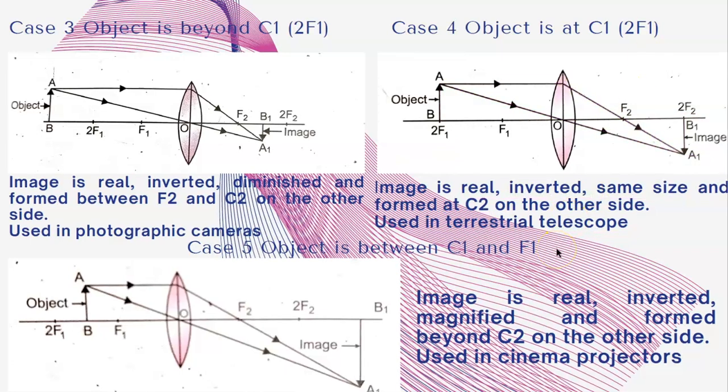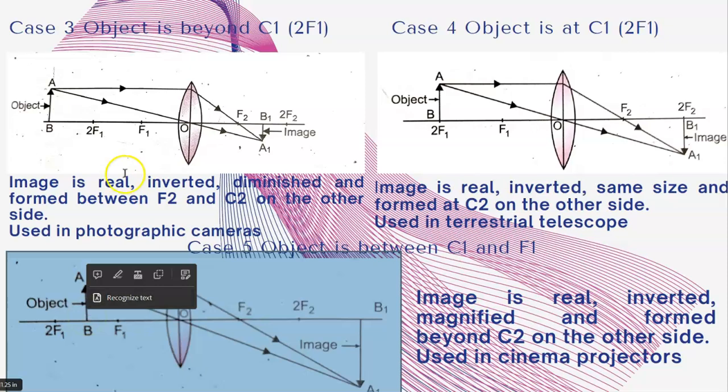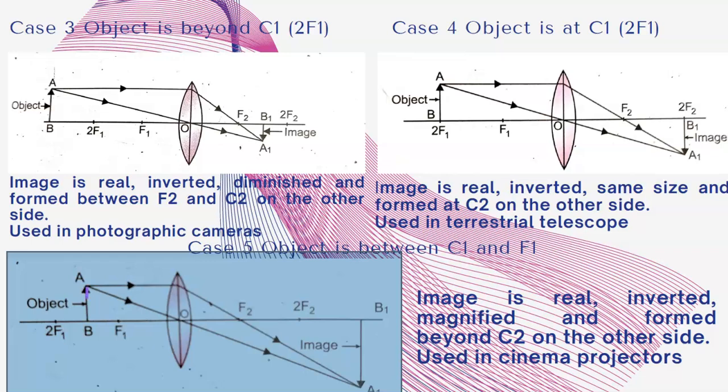Next case. The object is still coming closer. Now, as you can see, the object is between F1 and 2F1, that is if we draw the rays, this is our object between F1 and 2F1.